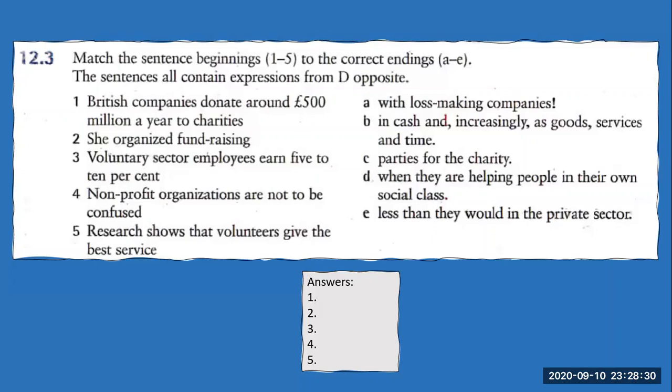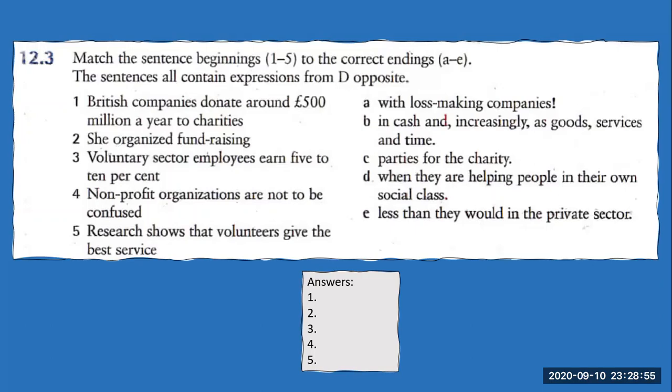Number 4, non-profit organizations are not to be confused. Number 5, research shows that volunteers give the best service. Oh, I agree with number 5. Because when you are a volunteer, it's because you want to do it, because you love it. So you're going to do it with your heart. That's something I completely agree with.